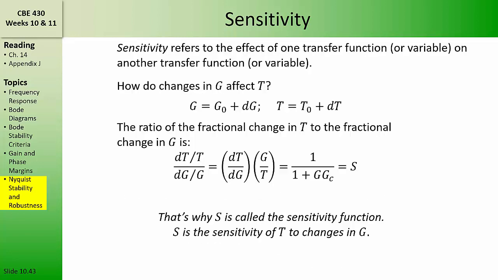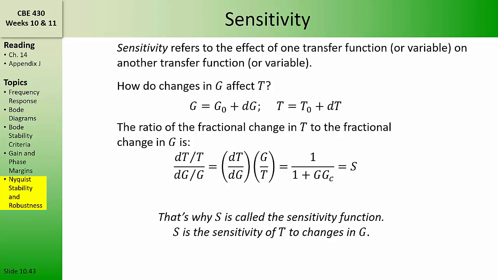The term sensitivity mathematically refers to the effect of one transfer function or variable on another transfer function or variable. For example, we could ask the question, how do changes in the process, G, affect the complementary sensitivity function, T, which you'll remember describes the response of the system to set point changes.